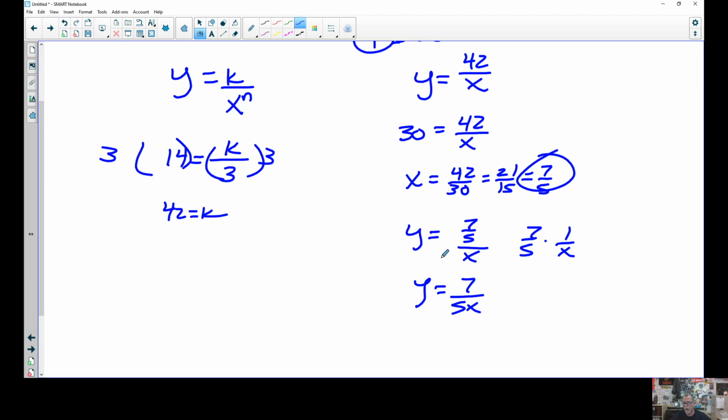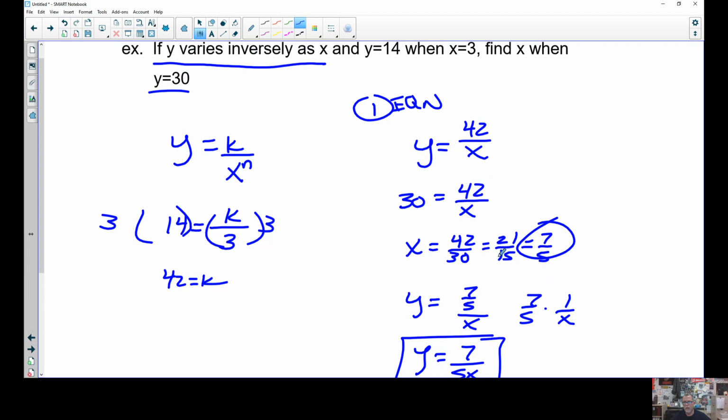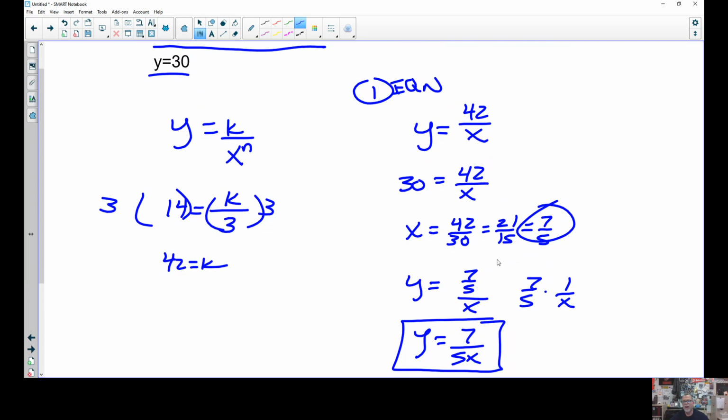So now, that was step 1. We got our equation. Y equals 7 over 5x. Now, step 2, it said, I'm sorry, that was step 2 already. We got our equation when we were right here. Then we solved for when y is 30. I'm sorry. I went off on a tangent here, guys.